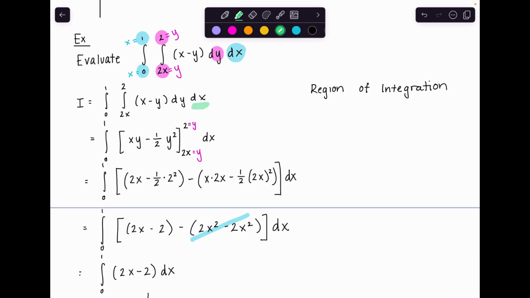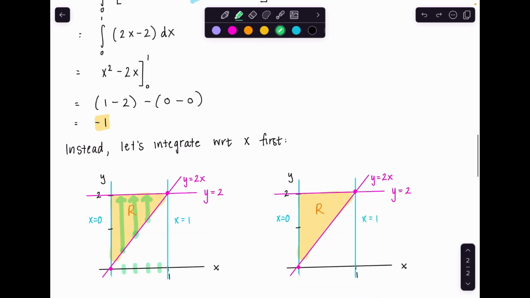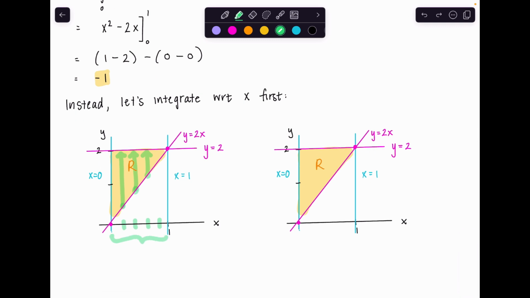Regardless of the x you picked, because that freedom came afterwards, you started at the line 2x and went up to 2. And then your choices for x were anything between 0 and 1, so those constant bounds. Now what I want to do is the opposite. I want to integrate with respect to x first. So my y bounds are going to be constants, which means y has the freedom to be any number between 0 and 2.